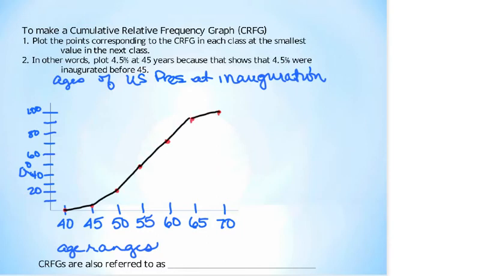And we have built a cumulative relative frequency graph. And it allows us to see that a majority of our presidents looks like they were inaugurated between 50 and really 65. Things start kind of flattening out here, they're flat, and here they're pretty slow as well. We have rapid numbers here.